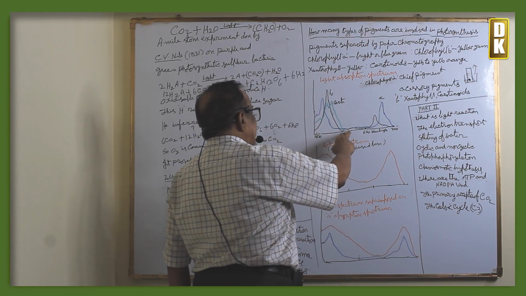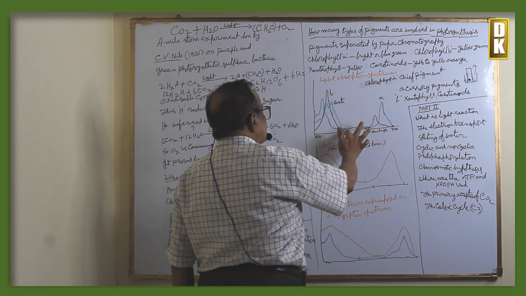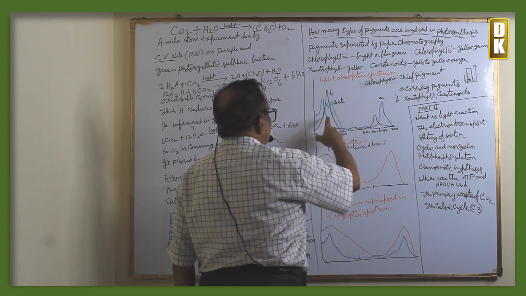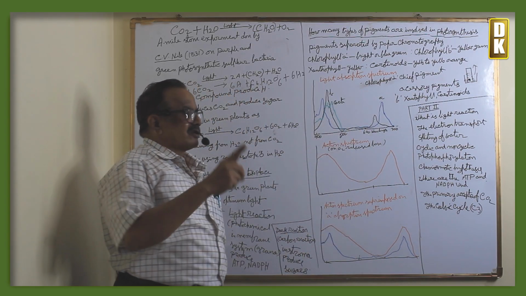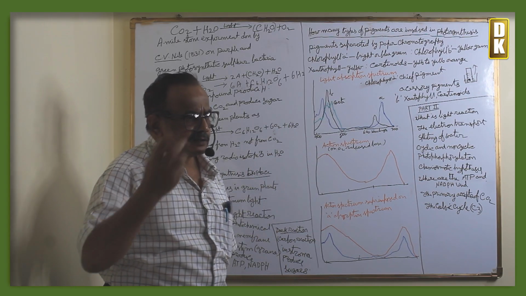After green, yellow, orange, red are not at all useful for them. But chlorophyll A and B will continue. So in all the lights, which will absorb and which won't, like that he can ask the question.